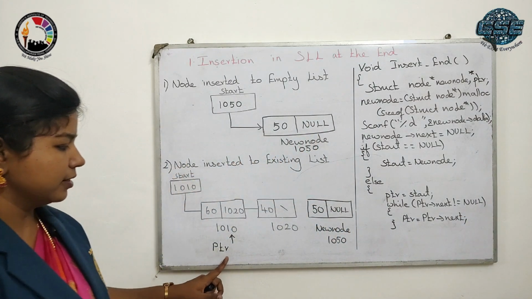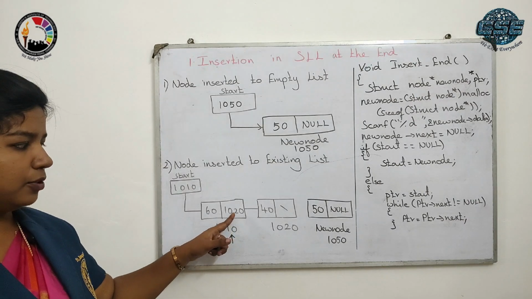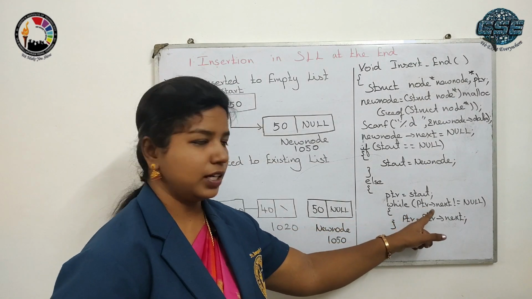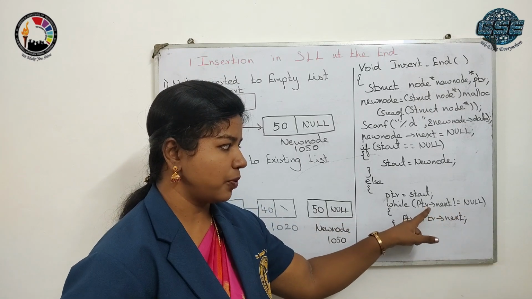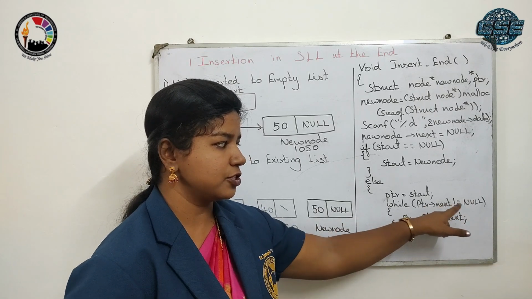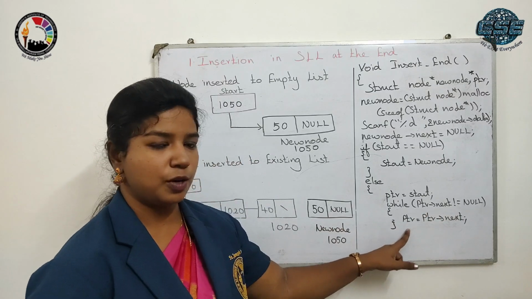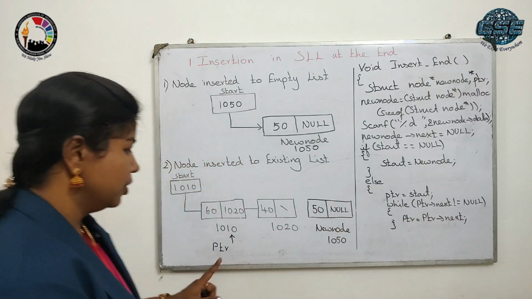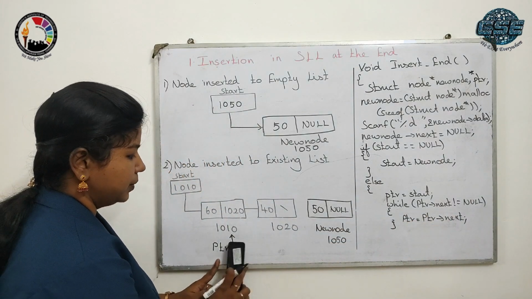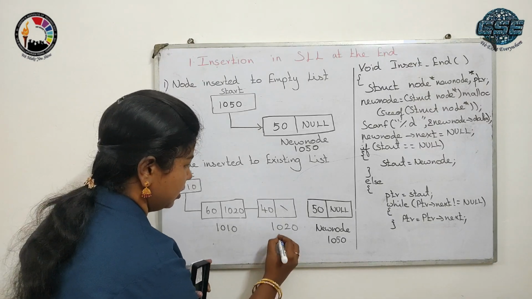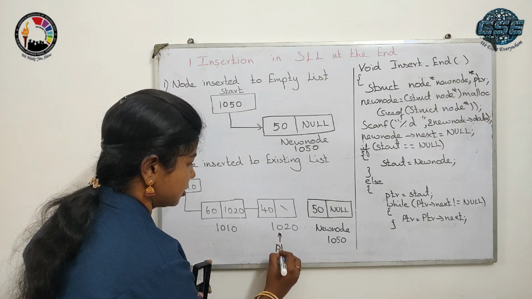Let us check. Pointer of next has the value 1020, but it is not null. If pointer of next is not equal to null, we have to move our pointer to point to the next value. So this pointer variable will be pointing to the next node.